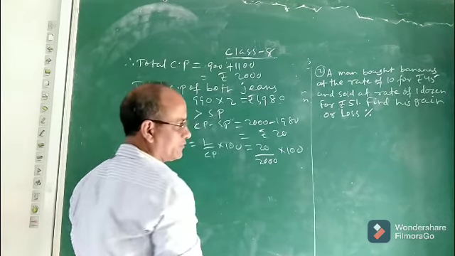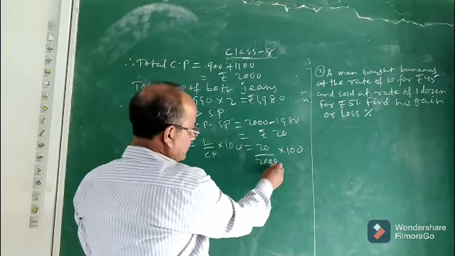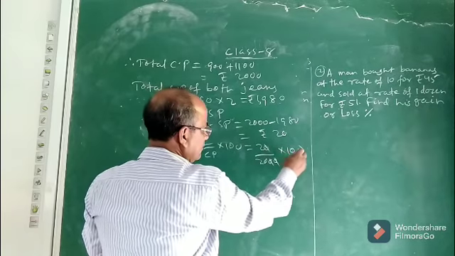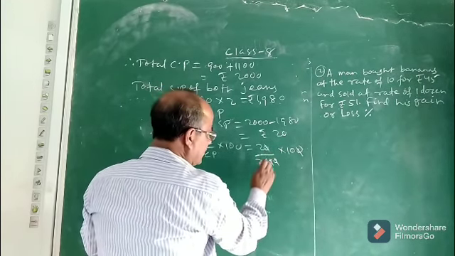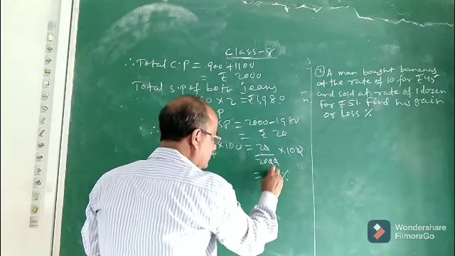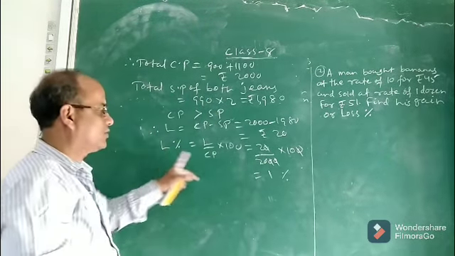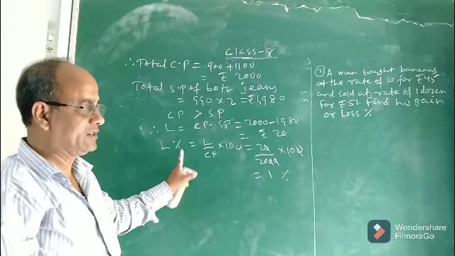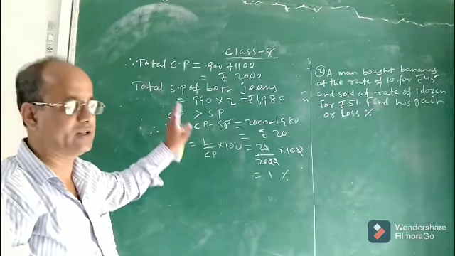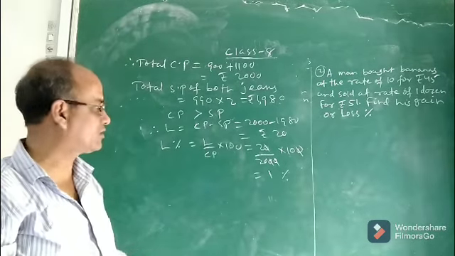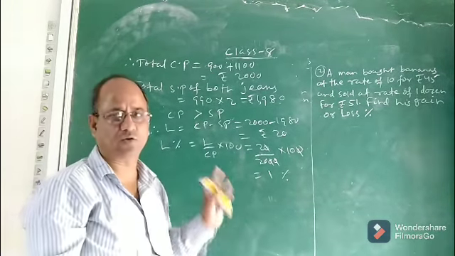So the zeros cancel. 10 into 2 is 20, 20 by 20 is 1%. So there is a 1% loss in the whole transaction on selling both the jeans.